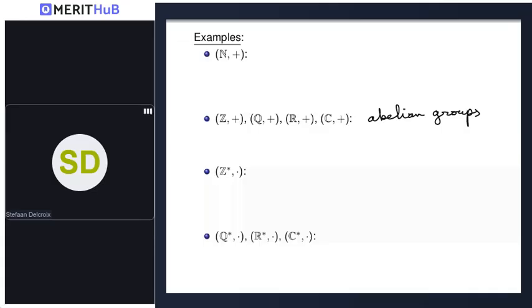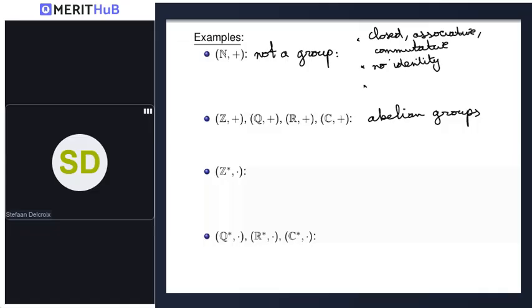There's for sure no inverses. So let me write not a group. However, it is closed, it is associative, and it is commutative. So it has those three properties going, but no identity, and for sure, no inverses.